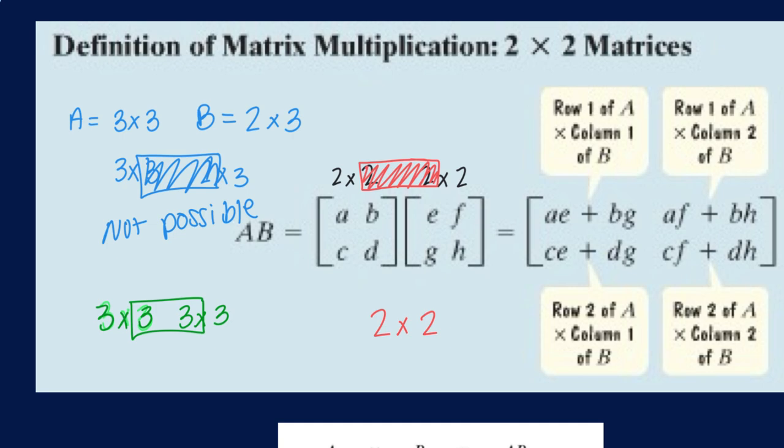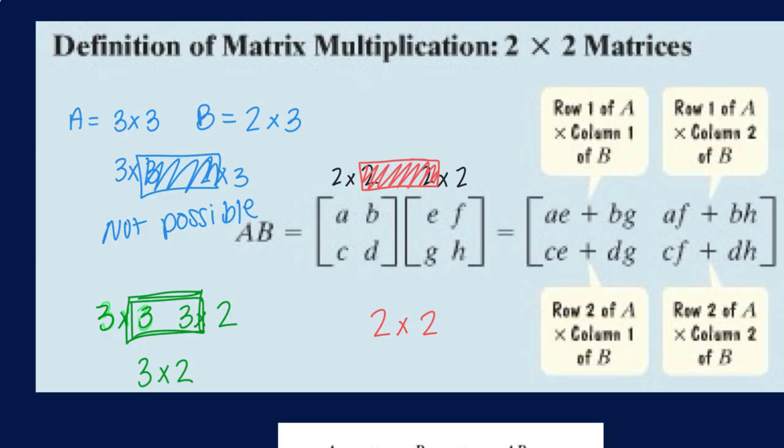I could always change this. If it was a 3 by 3 and a 3 by 2, remember, it's the inner, I'm still able to solve this, and my answer would be a 3 by 2. It's going to be 3 rows and 2 columns. That's what I mean.